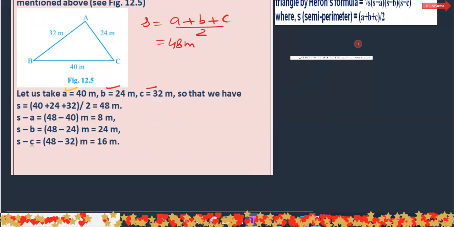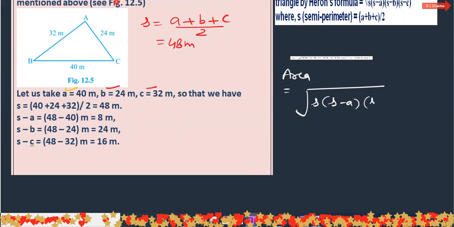Now you can use Heron's formula: area of the triangle is given by square root of s into (s minus a) into (s minus b) into (s minus c). Here we have S is 48, S minus A is 8, S minus B is 24, and S minus C is 16. We can put all these values here.